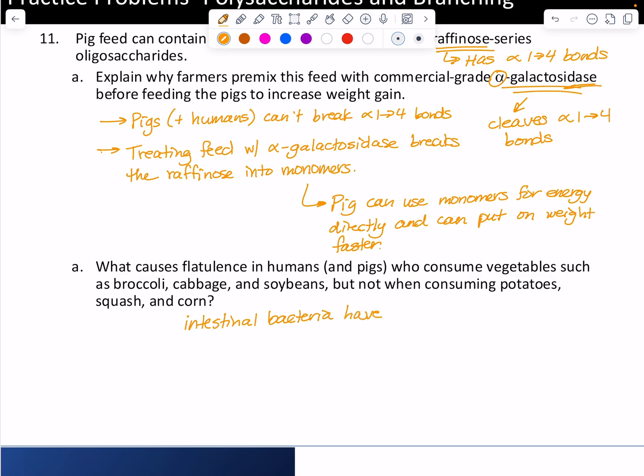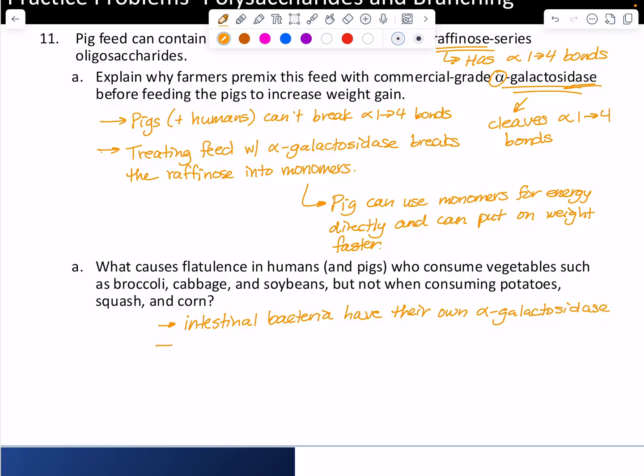have their own alpha galactosidase. So if you consume something that doesn't have alpha galactosidase in it, then what happens is the bacteria are going to grow, right?